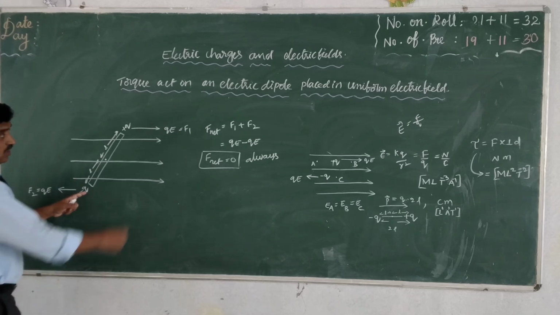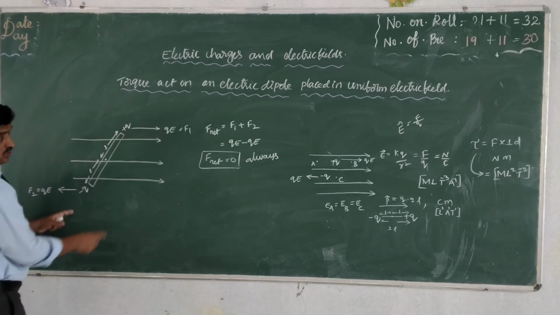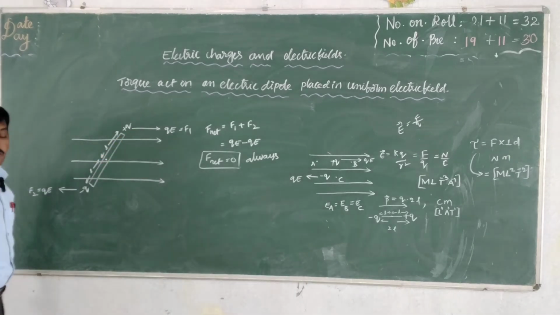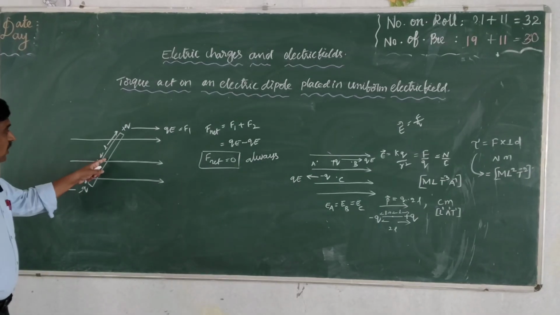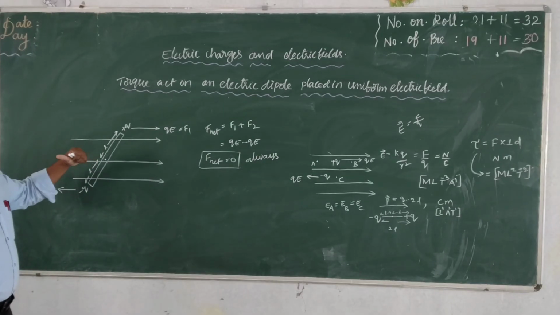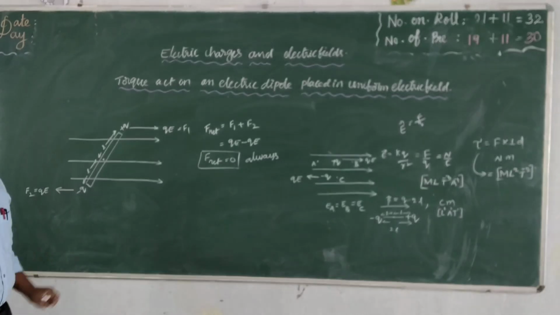But here, there are two equal and opposite forces which do not have the same line of action, and they rotate the body about its center of mass. Then it is called a torque.